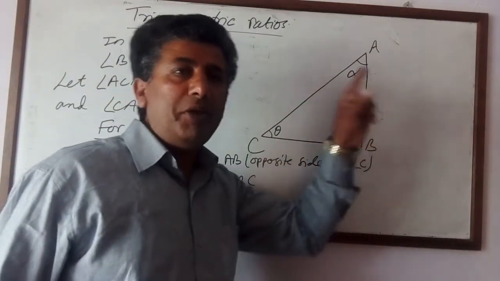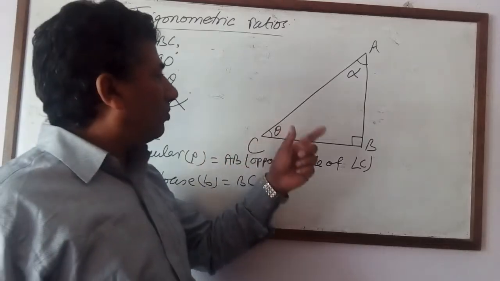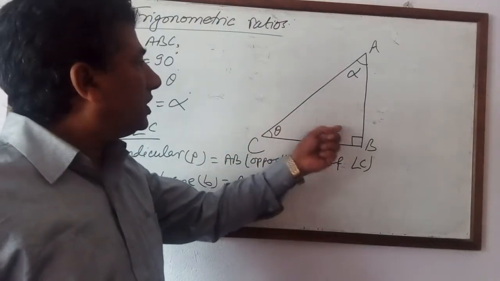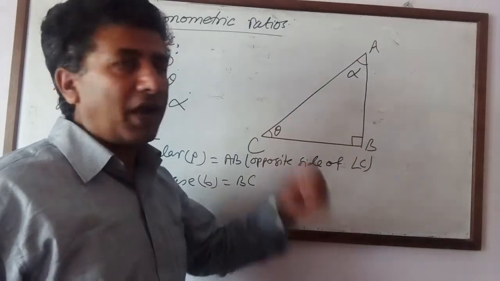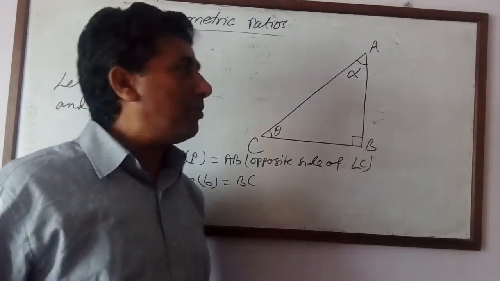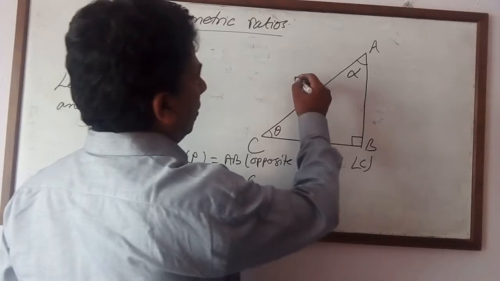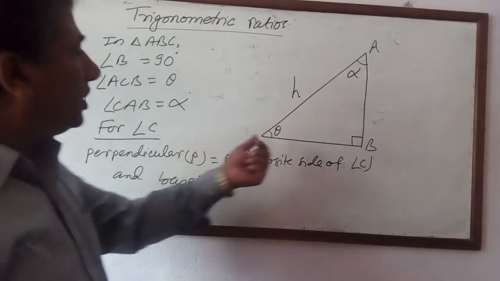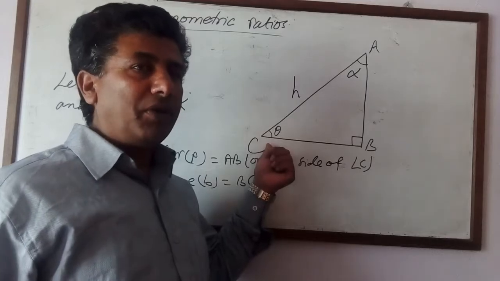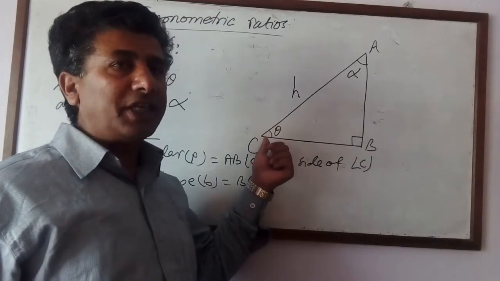In my previous video I already mentioned that in a right angle triangle, the side opposite the 90 degree angle is called the hypotenuse. This one is the hypotenuse. Now, what is perpendicular? Perpendicular means the opposite side of that angle.